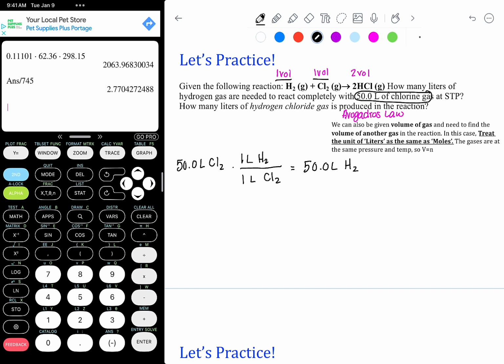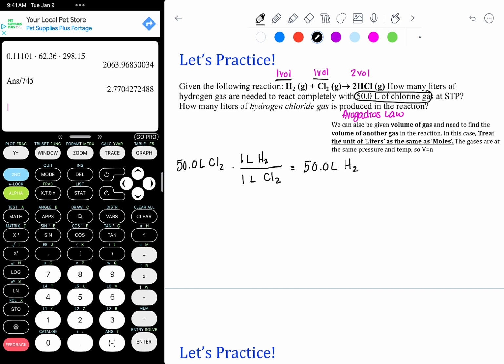But since you're plugging the same pressure and temperature values into PV equals nRT, it's almost like doing the same thing twice. So you can do it the other way if that makes more sense to you, but you could also do it this way where you could just use liter to liter ratios instead of multiple ratios.